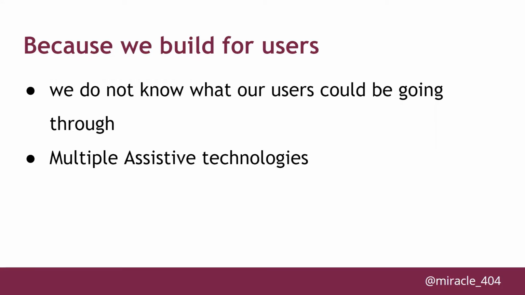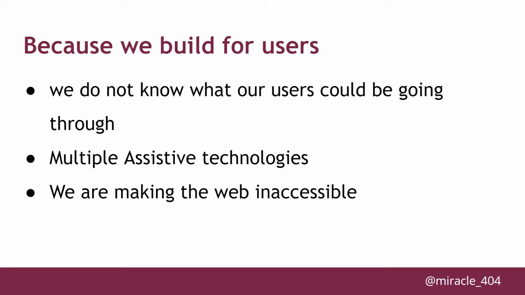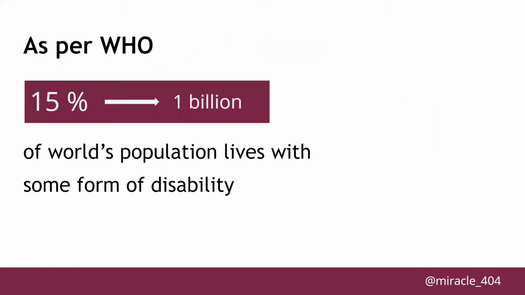They could be using a mouse to navigate, or an assistive technology like a keyboard or screen reader. And the most important thing is that by not adopting good coding practices, we are making the web inaccessible. That's why it's very important for us to know about web accessibility and to do things the right way.